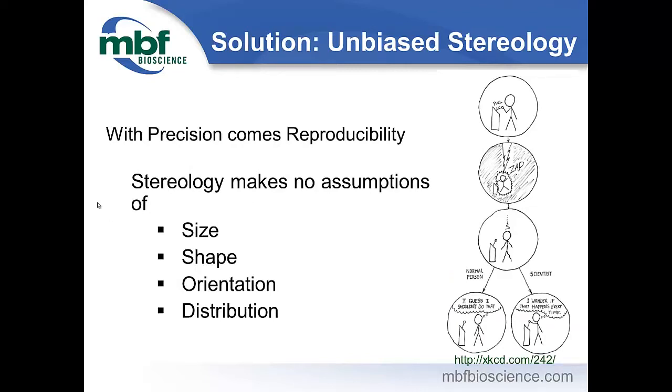Absolutely. On the right is one of my favorite cartoonists, XKCD, and this one just makes me giggle when I see it because it illustrates the difference between, say, a normal person and a scientist. So you get shocked pulling the lever, and if you're a scientist, you might say, I wonder if that happens every time. So we're really interested in approaching these types of phenomena as a way to understand it.